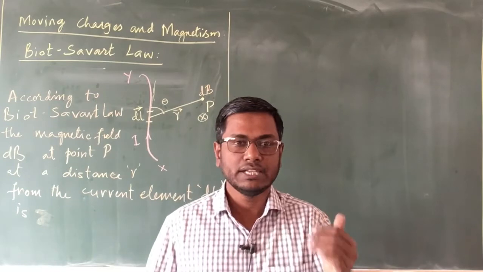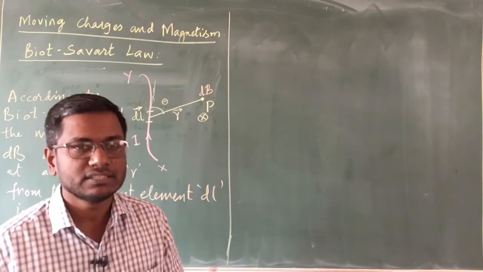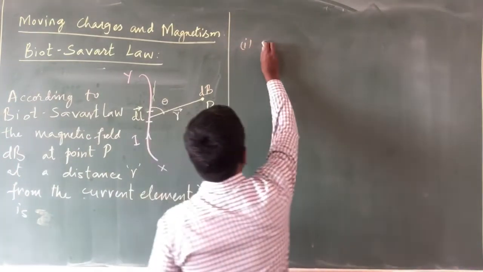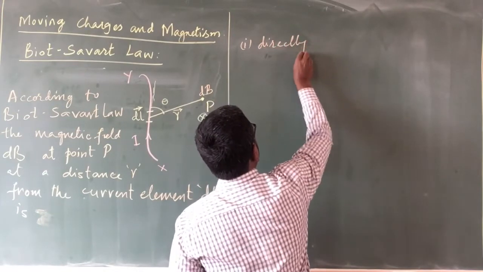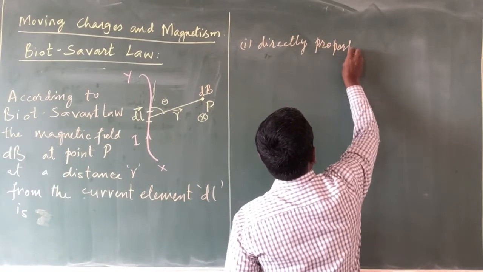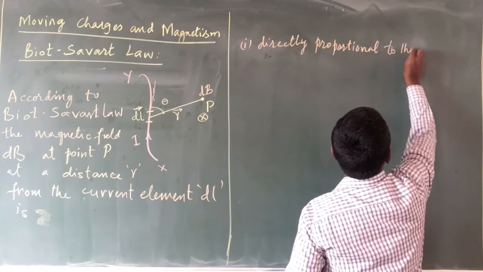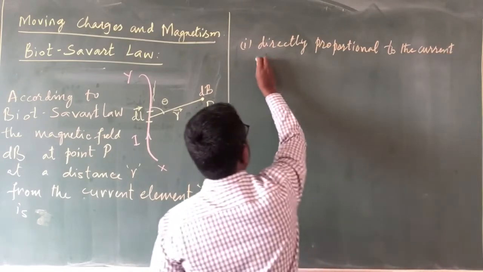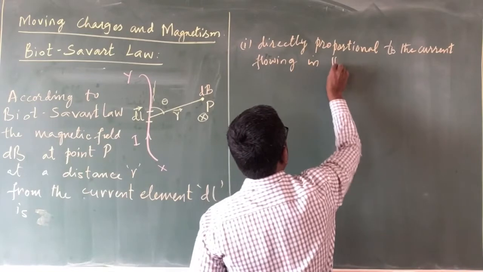If the current increases, the magnetic field increases. If the current decreases, the magnetic field decreases. So the first part of the statement is that it is directly proportional to the current flowing in the conductor.